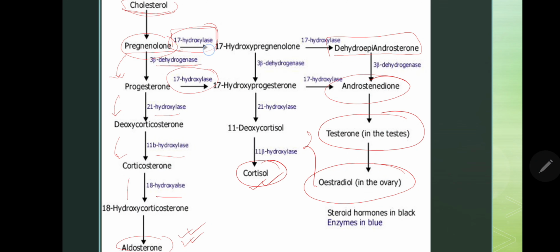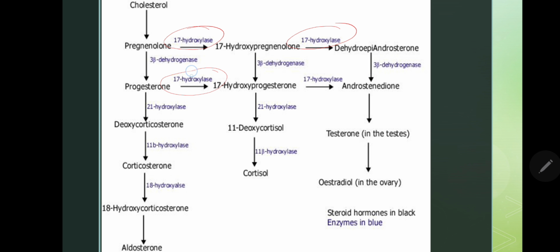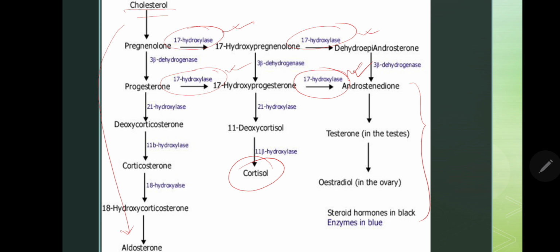Now the last enzyme is 17 alpha hydroxylase, as this enzyme is very much important to produce cortisol and also the androgen hormone from the cholesterol. So there is a complete deficiency of this enzyme. So all the cholesterol goes to produce mineralocorticoid, but there is no production of cortisol as well as no production of androgen hormone.